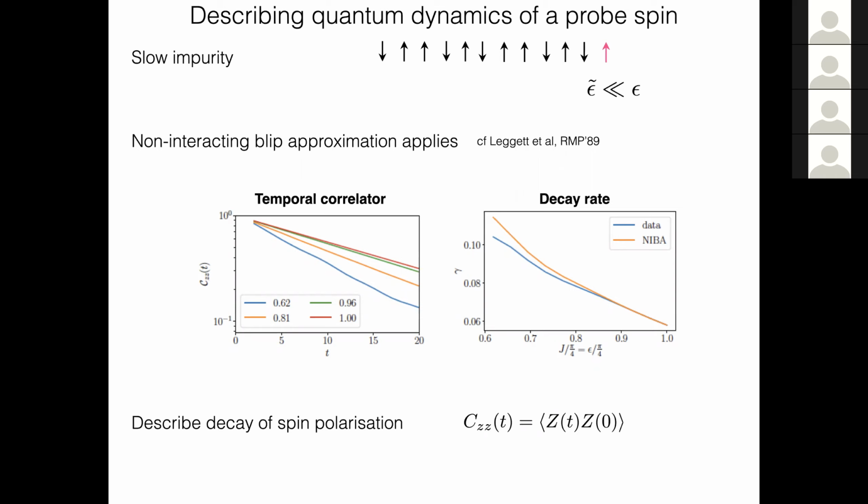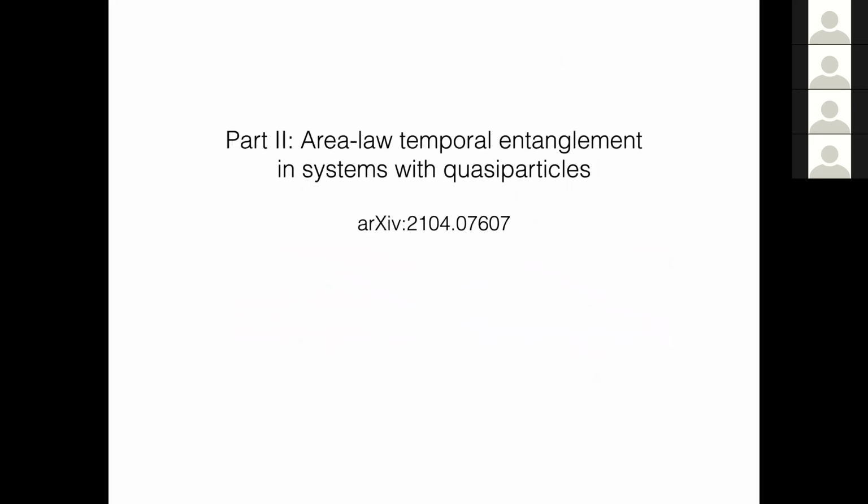That allows you, for example, to predict how quickly the magnetization of this impurity would decay. That's just to give you a flavor of the kinds of analytical calculations you can do in this approach. And so let me jump to part 2. Of course, if there are any questions, please don't hesitate to ask.